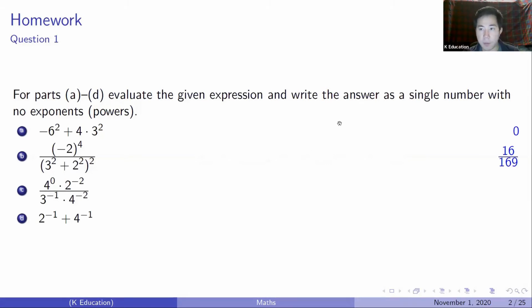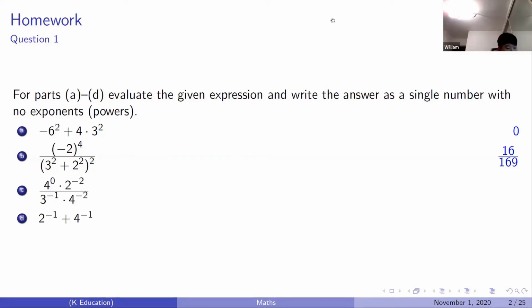William, can you explain how you did part C? For part C, I squared each fraction first.